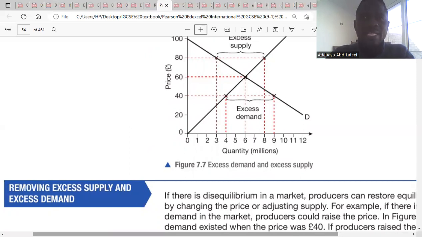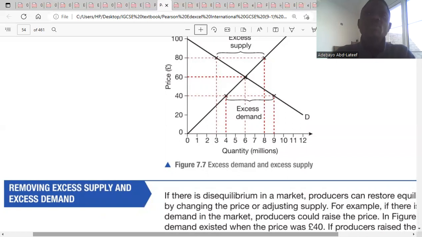Both excess demand and excess supply will lead to what? Disequilibrium. So to correct disequilibrium, producers can restore equilibrium by changing the price or adjusting supply. Listen to me, please.